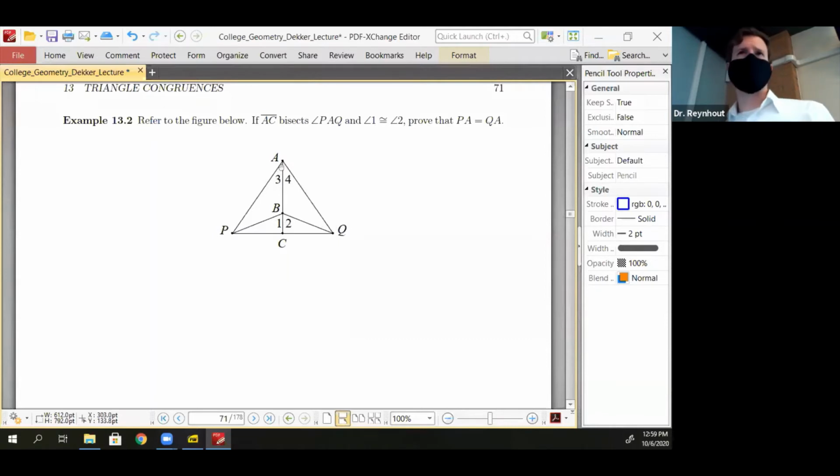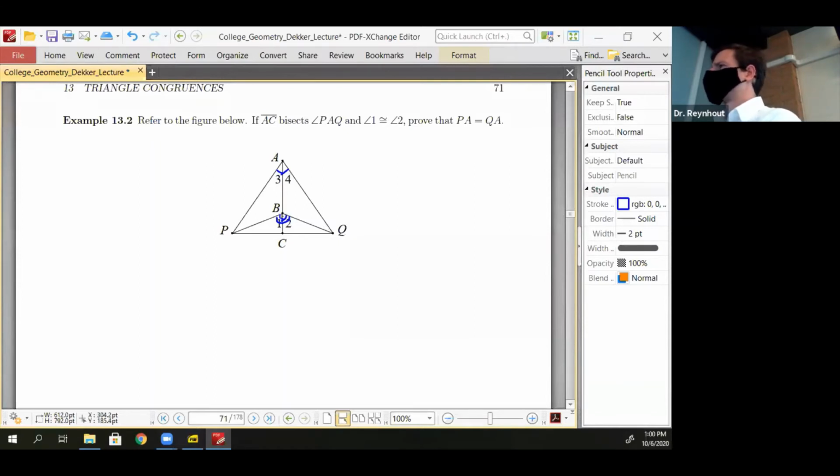So I'll try to highlight some things on the diagram. Because this line segment bisects the angle PAQ, we know that angles 3 and 4 are the same, so maybe we could put a mark there. We are given that angles 1 and 2 are congruent as well, but those don't necessarily give us anything about triangles that have AP and AQ. So I want to use congruent triangles to show that they're the same.